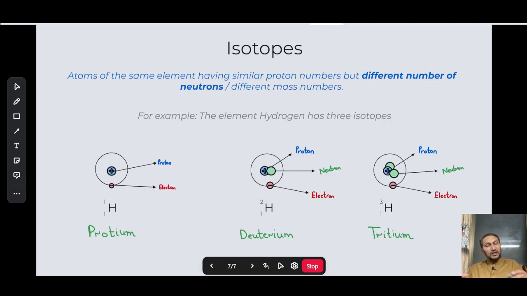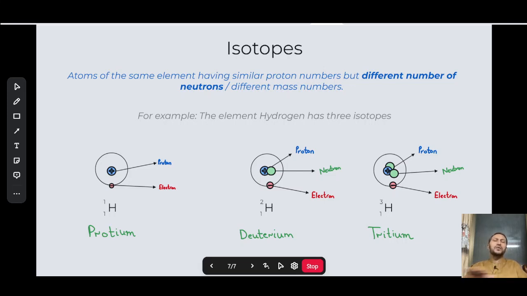Grape is one type of fruit, but it has so many varieties, like red globe, like Alfonso, with different colors and different tastes, but the fruit is the same. Same is the concept with isotopes: they are atoms that belong to the same element.